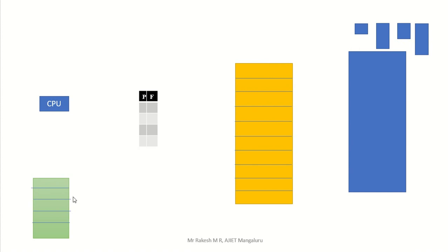Now, entire one page of this process we take here, or another process we can move anywhere here. The entire memory is used to store only pages, so page by page we move into main memory and store here.